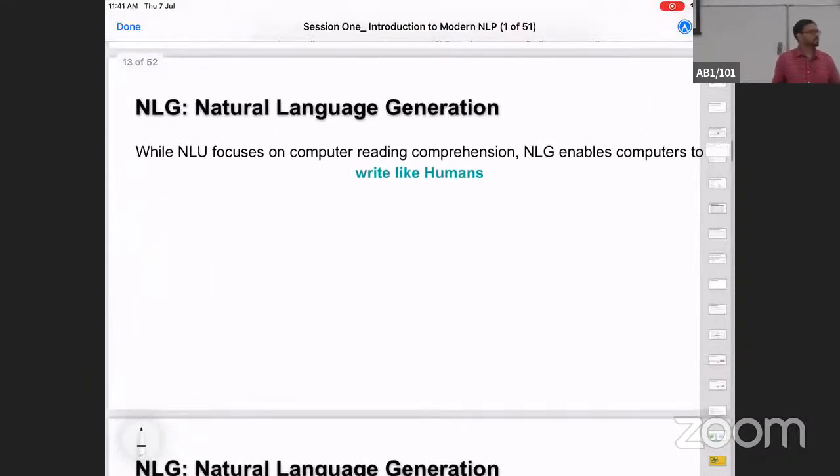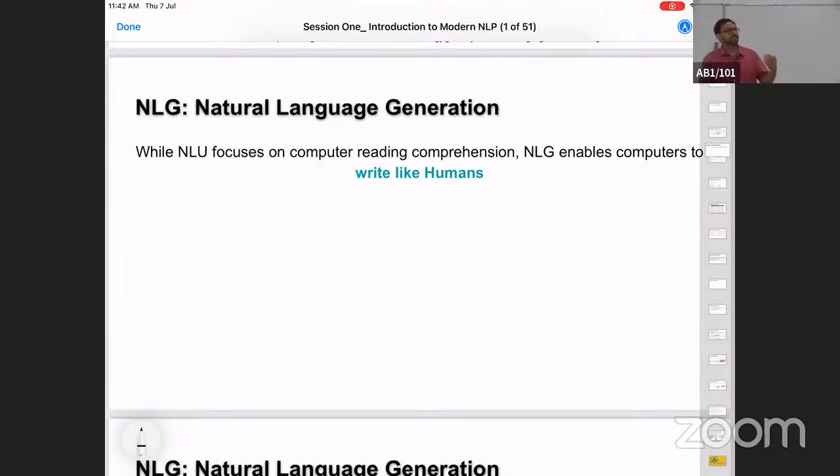Okay, let us talk about NLG, natural language generation. NLU focuses on computer reading comprehension. We should understand the human text, but if you can also generate text in a natural language, that is called natural language generation. This is the second aspect of NLP.